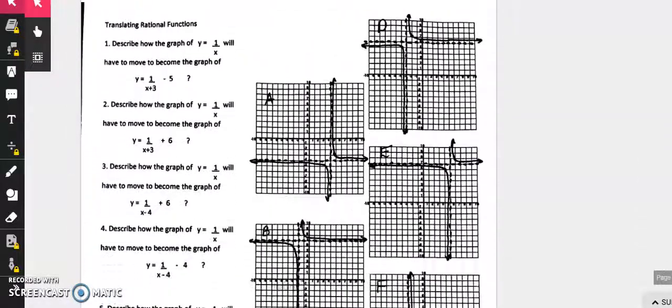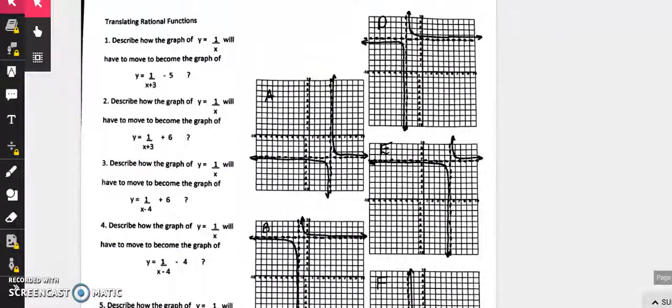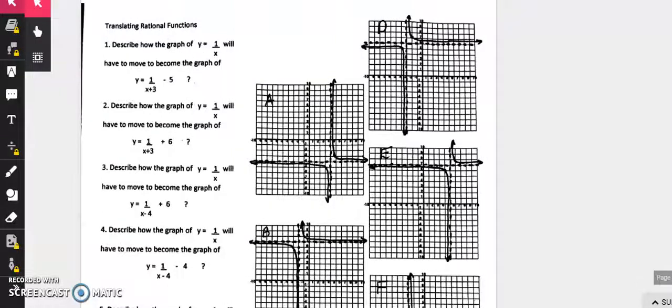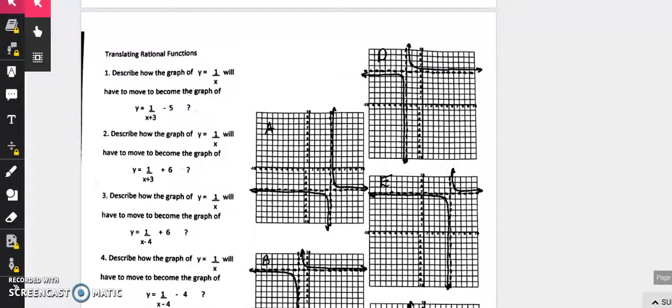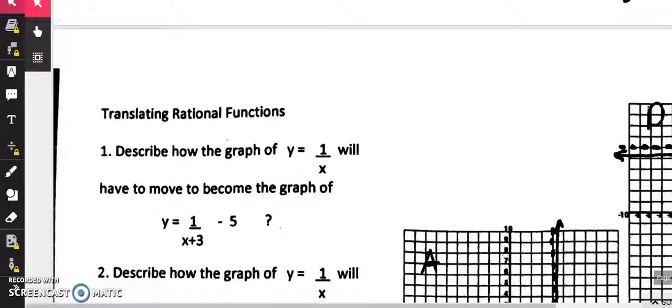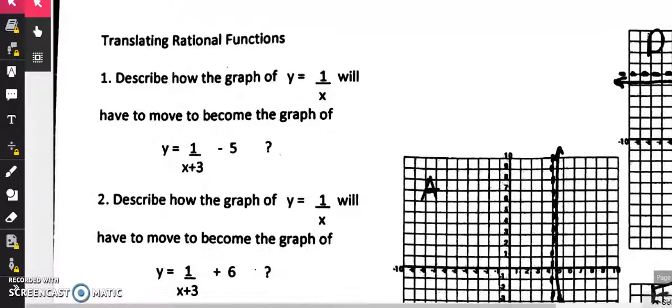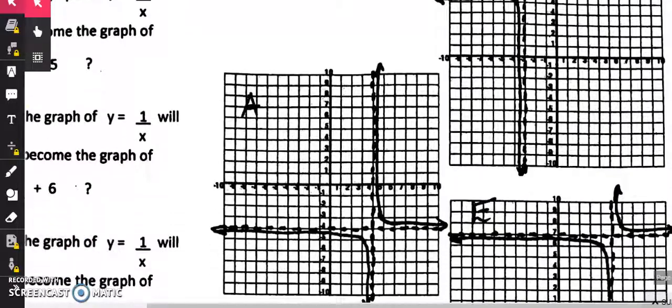Finally, I'm going to need to be able to identify the graph based on the equation. For these, it's going to be a matching. I've got a bunch of graphs on the side. So if I'm looking at the transformations that we just wrote down, to identify this graph, I need to find something that lines up with -3 on the x-axis and -5 on the y-axis.